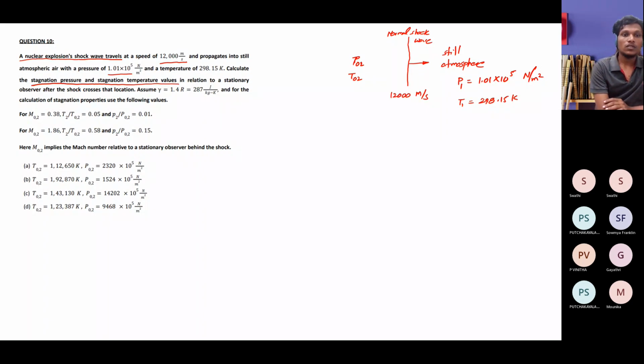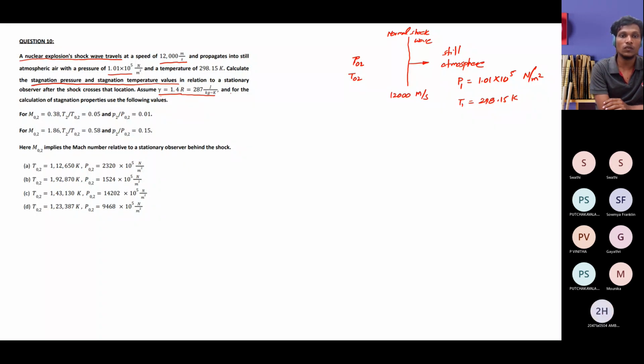Okay, so let's handle the remaining data given in this question, which is in relation to the stationary observer after the shock crosses the location. We have the specific heat ratio gamma equals 1.4, and the specific gas constant is 287 joules per kg Kelvin. Further, the non-dimensional properties are M2 equals 0.338, then T02 by T2, corresponding to some Mach number.